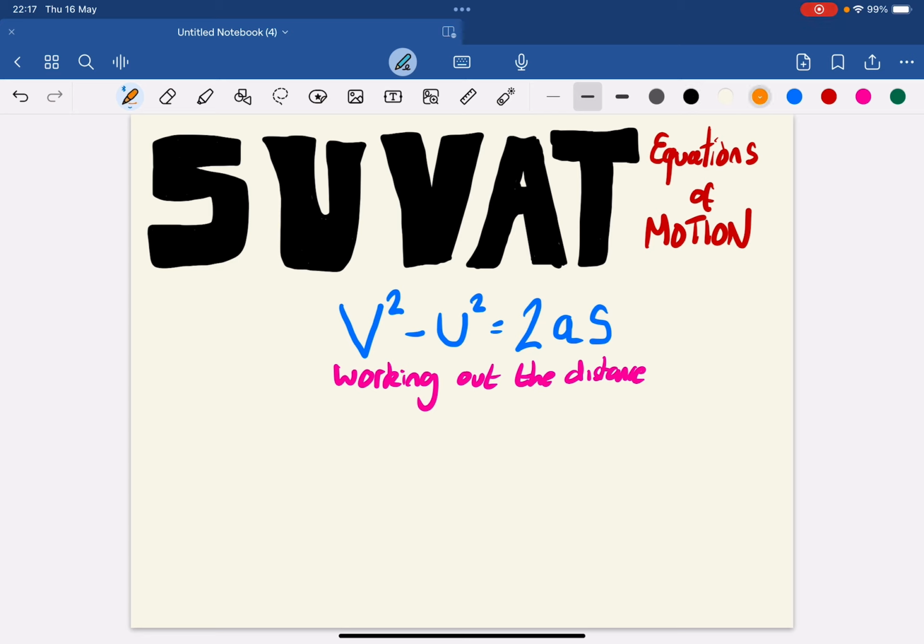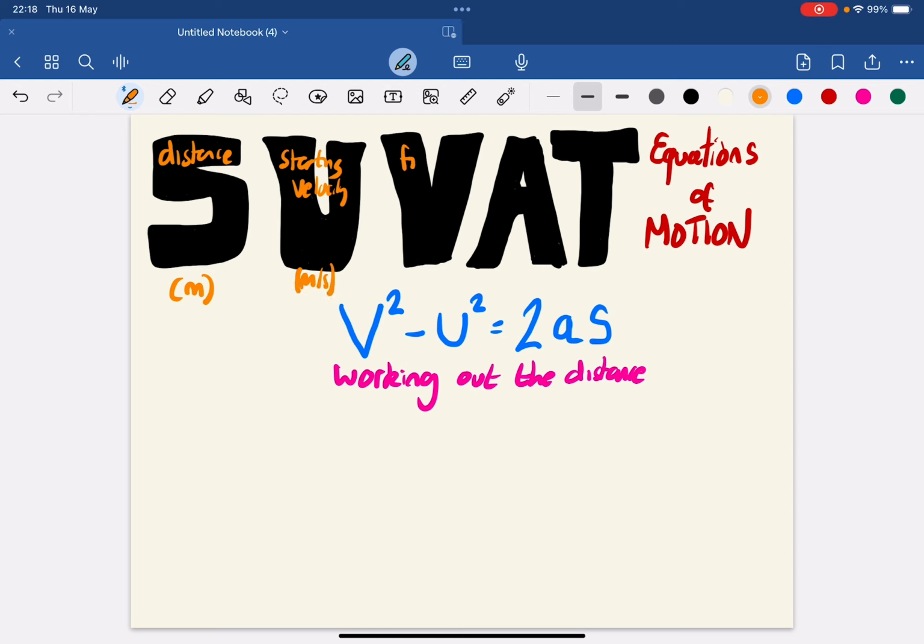So the S is for distance, displacement, and that's going to be measured in meters. The U is the initial velocity, the starting velocity, and that's measured in meters per second.